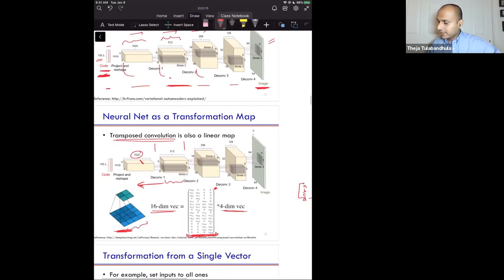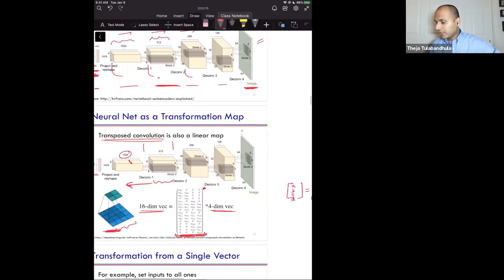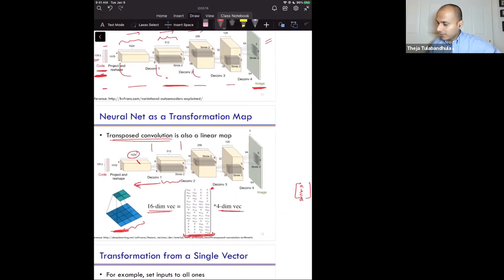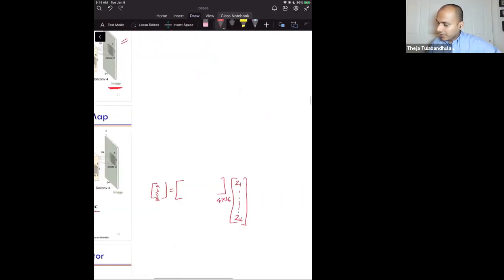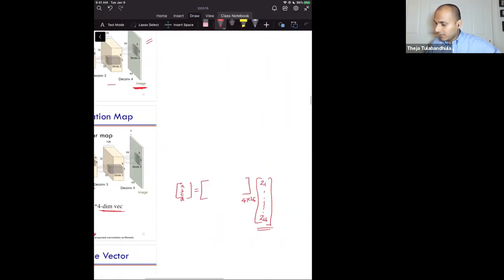So I'm vectorizing that, so I have a 16-dimensional vector, let's say z1 all the way to z16. Think of no depth here, so depth is 1. Going from a tensor of this size to a tensor of this size is essentially a matrix operation, a linear operation, where this is the weight matrix.